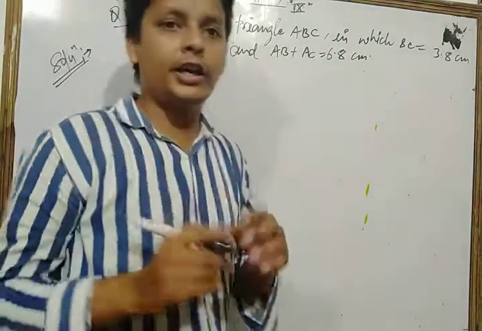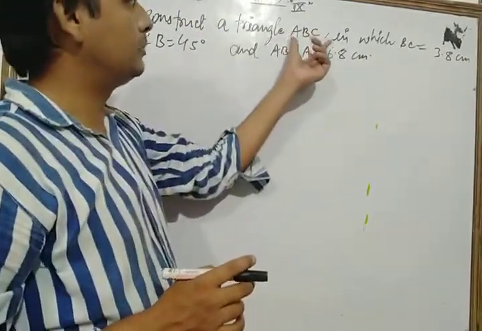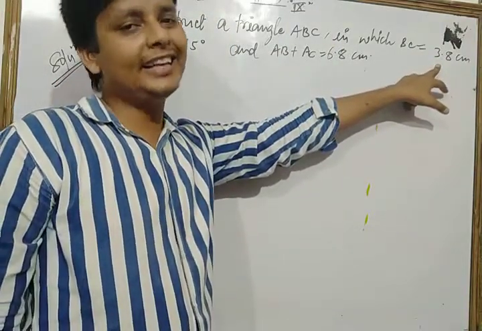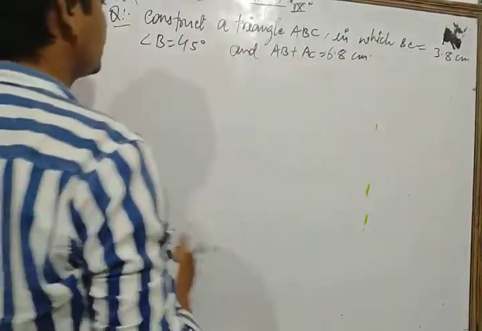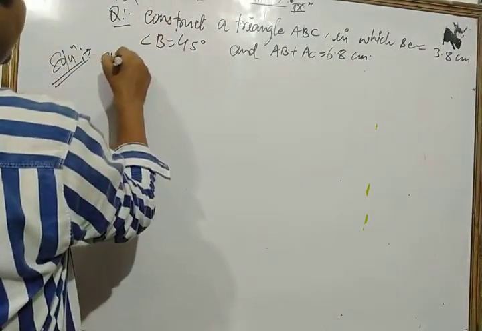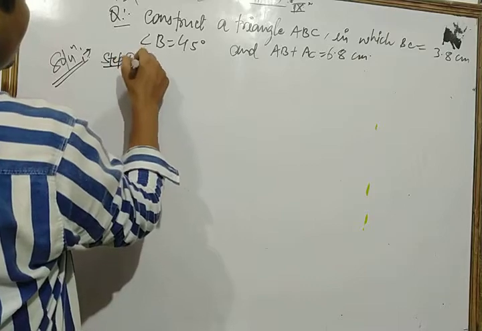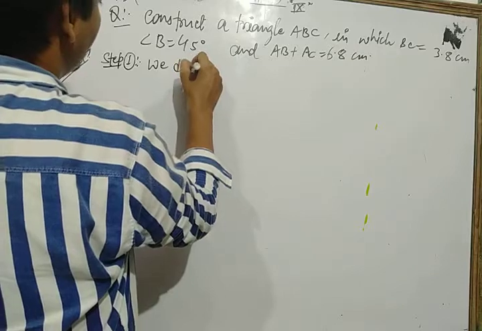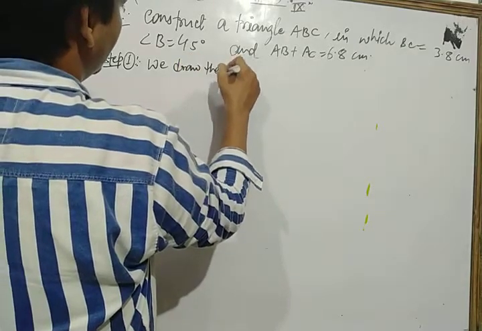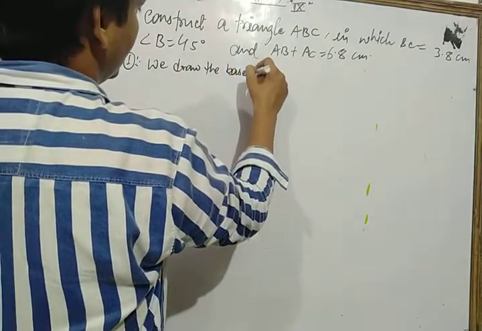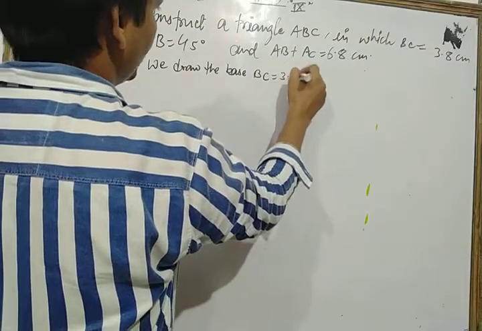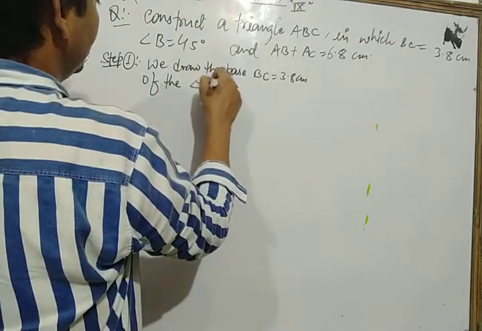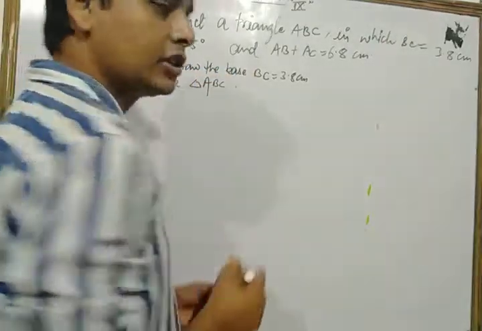First of all, we draw the base BC equal to 3.8 centimeter. Step first: in the first step, we draw the base BC equal to 3.8 centimeter of the triangle ABC.